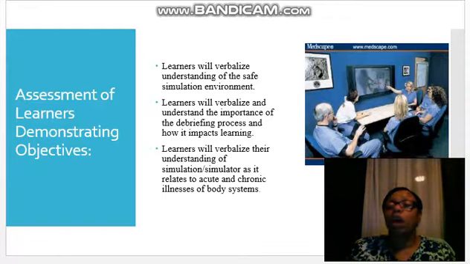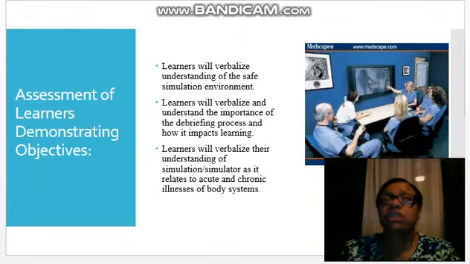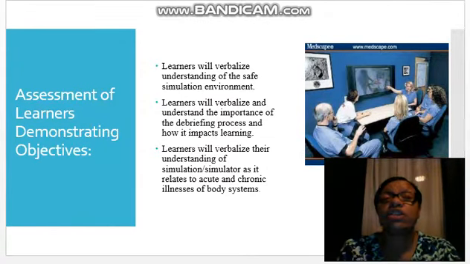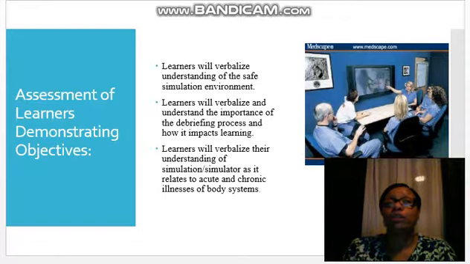And if I can do all of this and get these students to understand how important simulation is, and in that simulation environment, how I plan to make sure that when they do their transition to practice, that they understand why and how they made decisions about clinical judgment and how they use their clinical reasoning and critical thinking skills to assess a patient who had a chronic illness, who had an exacerbation, and it became an acute illness.